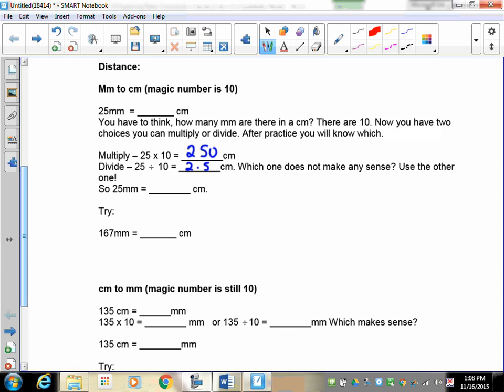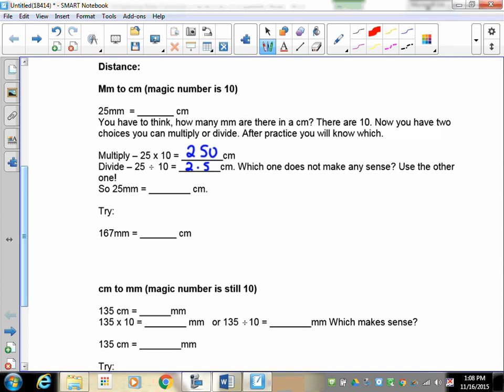Remember, a millimeter is very, very small, but the width of your pencil lead is a millimeter. If you have 25 of them, is it possible for them to equal the same length as 250 centimeters, or is it more likely that they're equal to 2.5 centimeters?